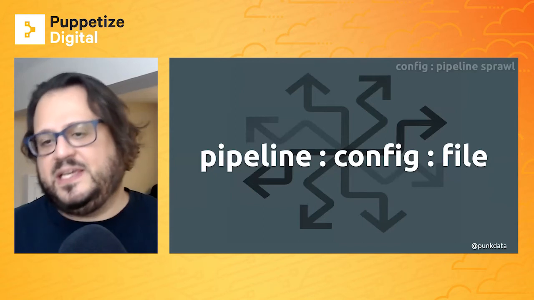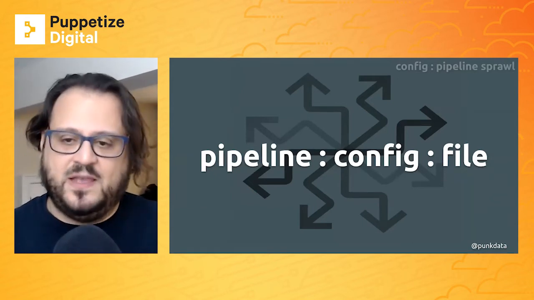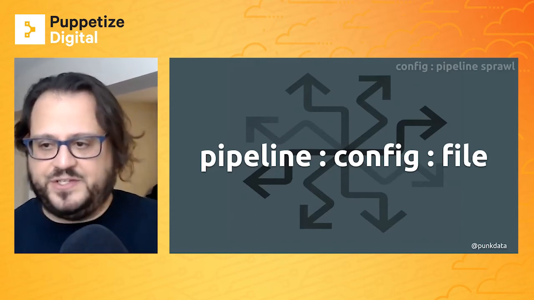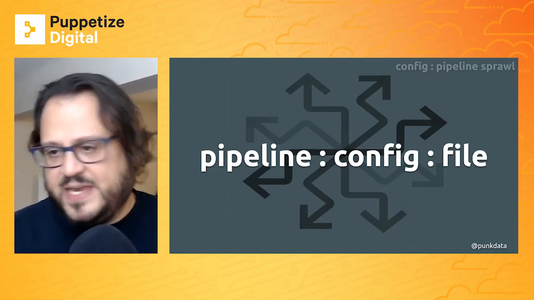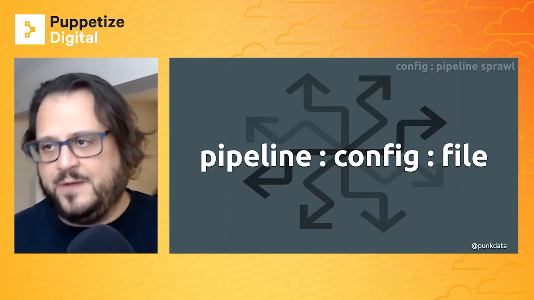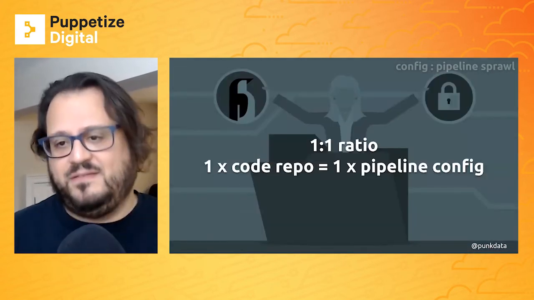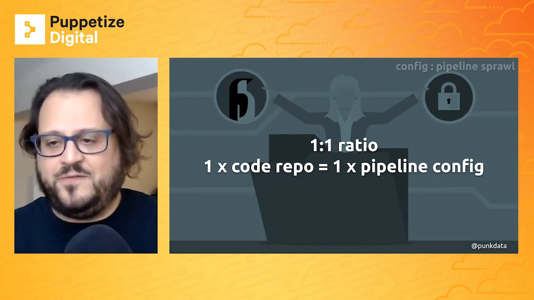So the first thing is, in most modern CI/CD tooling, pipelines are now controlled using what we call configuration as code. And those configuration as code syntax, they live in a configuration file. Now, generally speaking, this is a ratio that's more common these days in software development.